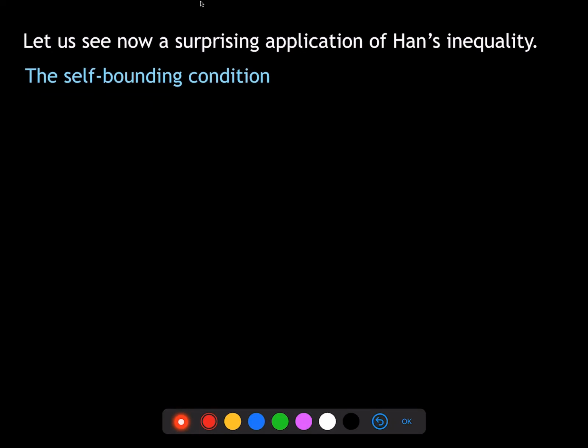What is the self-bounding condition? This is a condition that we have seen appear for the supremum of non-negative empirical processes.